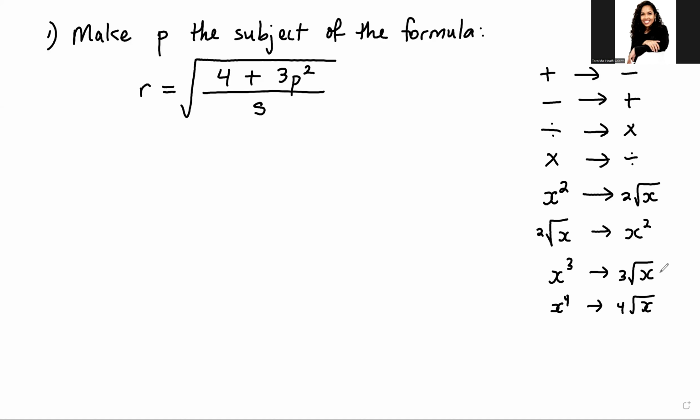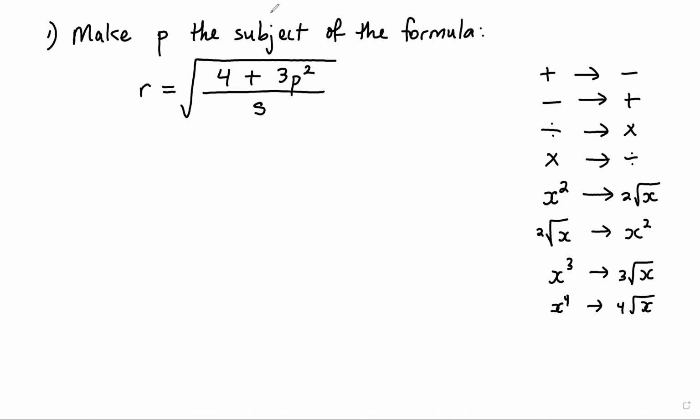You will more see cube root and square root. So this is a list of all the possible operations that you will see in your questions for CSEC. You'll have to undo addition, subtraction, division, multiplication, squared, and cubed, right?